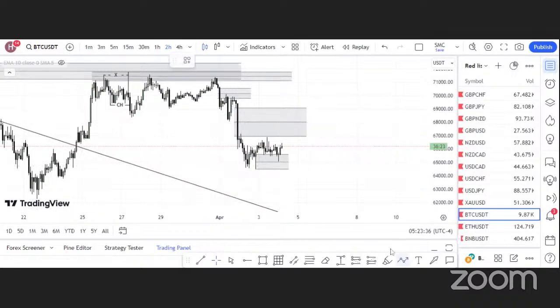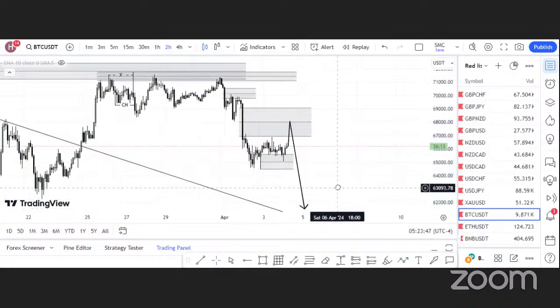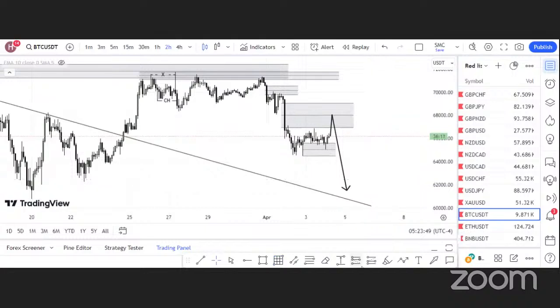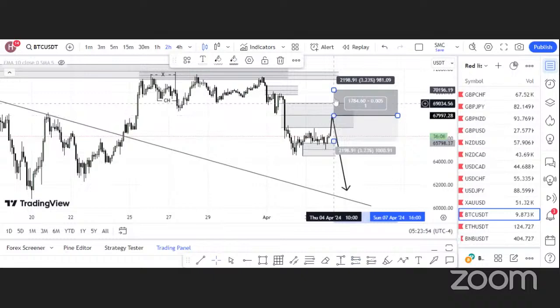So this is what I'm expecting the market to do. I'm expecting the market to come up to this level, the 50%, and then continue to trend to the downside. Yeah. So this is my entry.